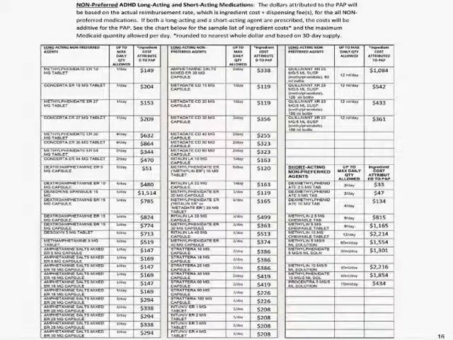I wanted to be clear about what's preferred and what's non-preferred. As we've talked about in the past, some of the medications that were preferred are no longer preferred because the pharmaceutical company did not send in a contract and a bid, so by established regulations and rules, they cannot be preferred.